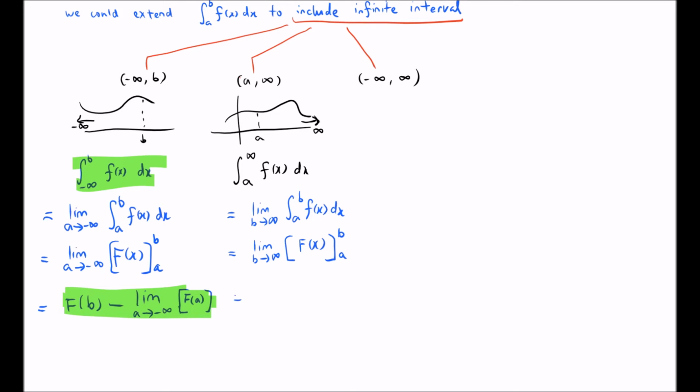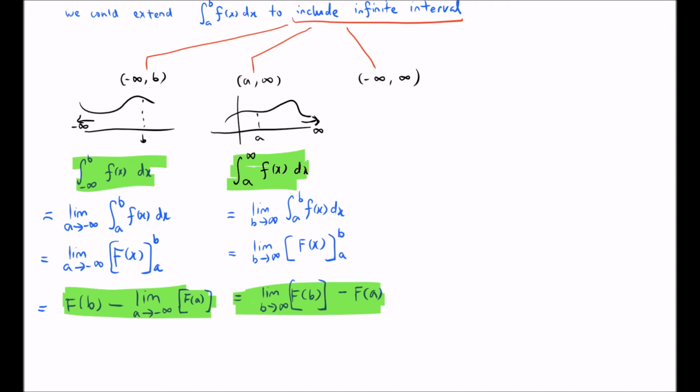The next step will be the limit as b approaches infinity of F(b). It's much better if you bracket F(b) minus F(a), which means the limit only involves b. Similarly, you memorize this equals this, so you can write this as a formula in your cheat sheet.